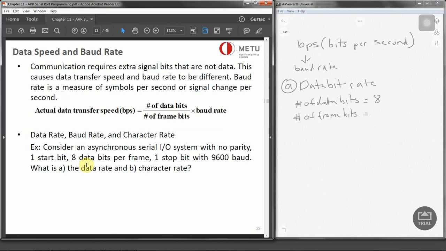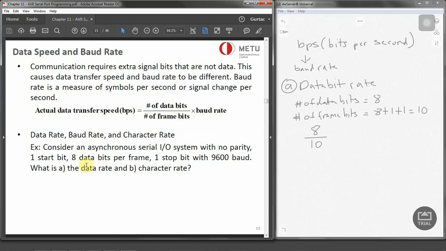So 8 plus 1 start plus 1 stop is actually 10 bits. So that means the data bit rate is going to be 8 over 10.